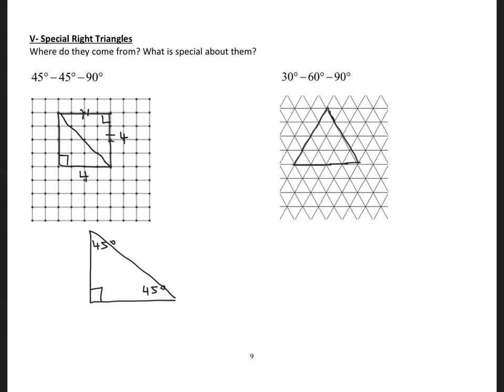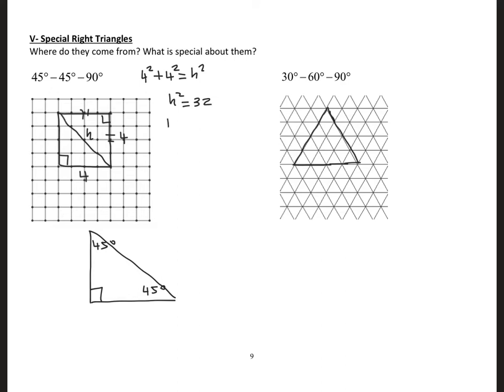I'm using the Pythagorean theorem. I'm finding h, so 4 squared plus 4 squared is equal to h squared. So this is 16 plus 16, which means h squared is equal to 32.